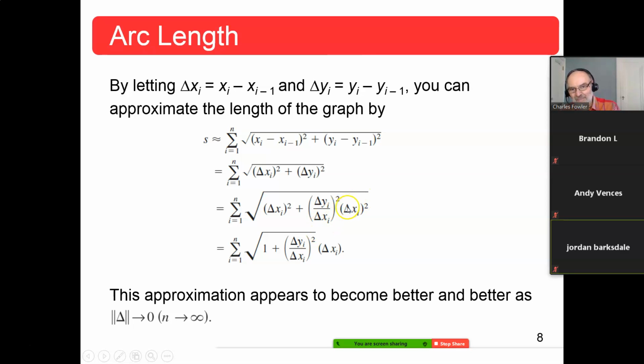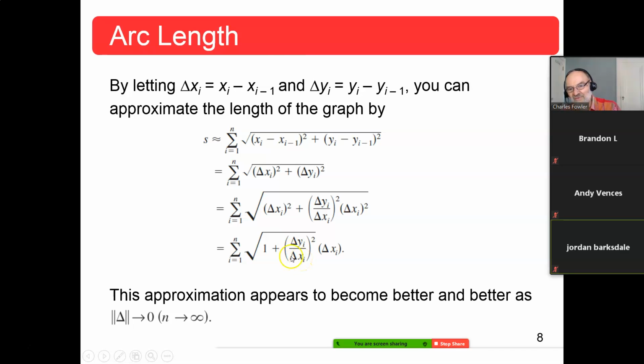They did it separately, but that's exactly what they did here. Okay, then they're going to factor out that delta x of i squared out of a square root, meaning just delta x of i. And what that leaves you is 1 here, because that one factors out, and then you just have delta y sub i over delta x sub i squared. What in the world does that look like?